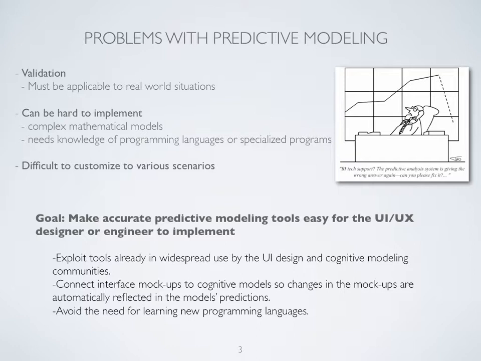First, they wanted to exploit tools already in widespread use by the UI, design, and cognitive modeling communities. Second, they wanted to connect interface mockups to cognitive models, so changes in the mockups are automatically reflected in the model's predictions. And third, they wanted to avoid the need for learning new programming languages.